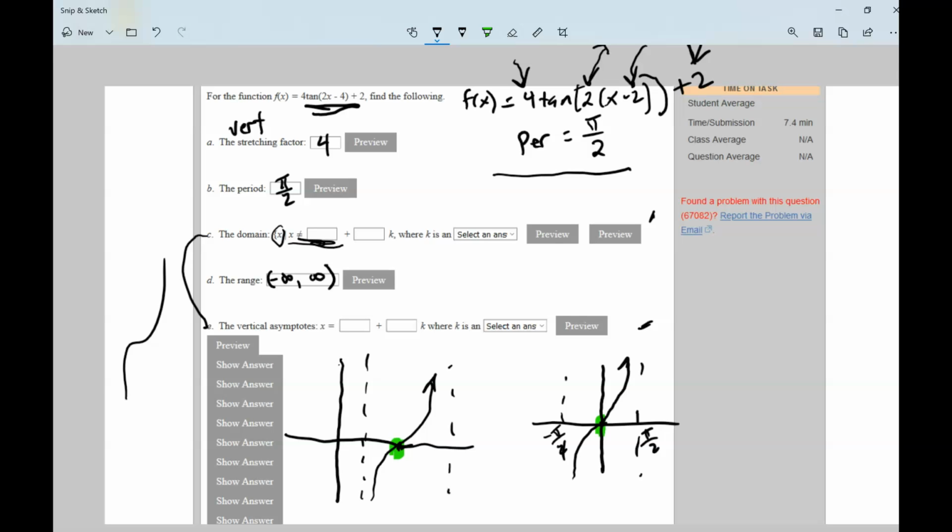And since this green dot is in the middle of that cycle, this distance right here would be half the period, or pi over 4. And this distance right here would also be half the period, or pi over 4. So since this right here is 2, this spot right there would be 2 plus pi over 4, and that spot right there would be 2 minus pi over 4.